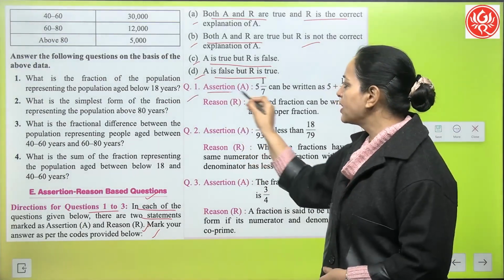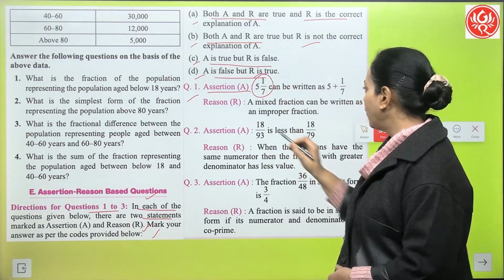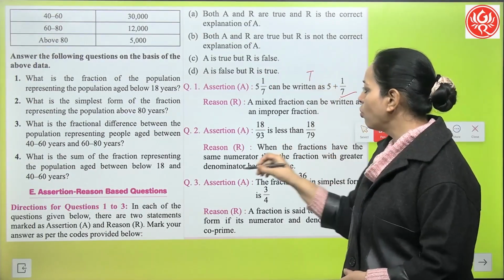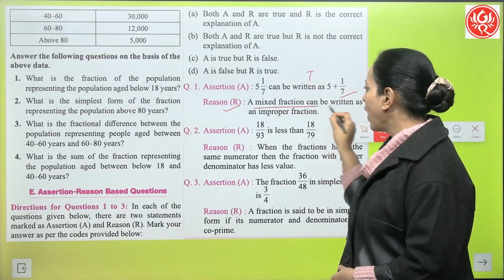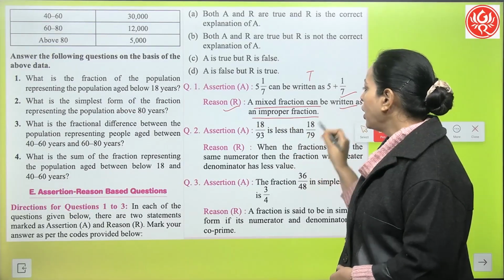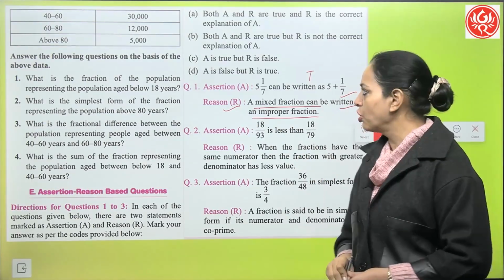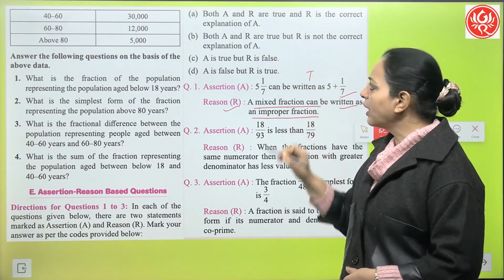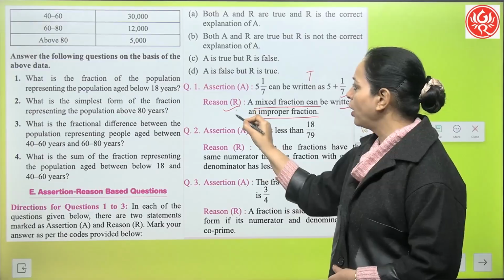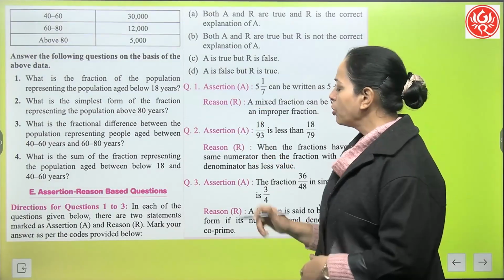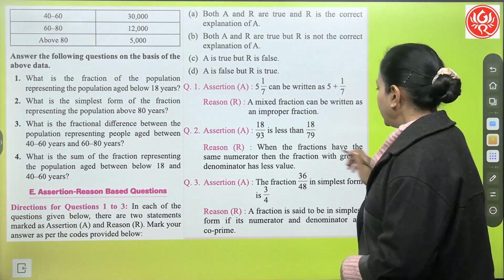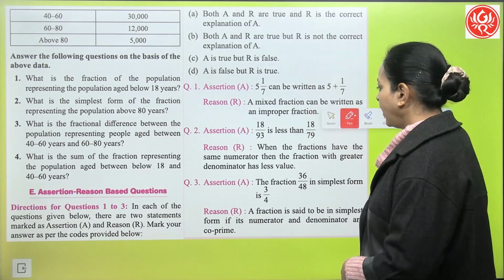So question 1, assertion A, 5 whole 1 by 7 can be written as 5 plus 1 by 7. Yes, true. And reason R, a mixed fraction can be written as an improper fraction. Both are true but this is not the correct explanation of A. So here B. Question number 2, assertion A, 18 upon 93 is less than 18 upon 79.